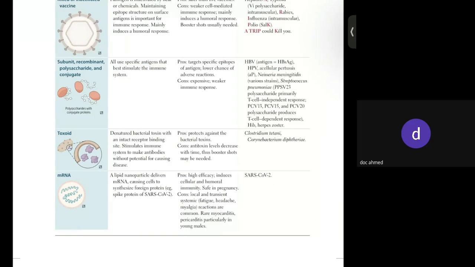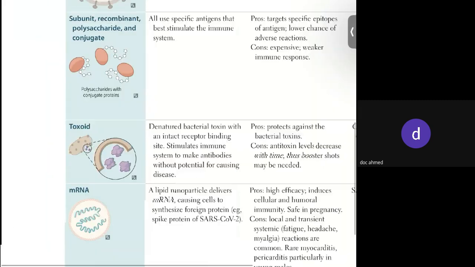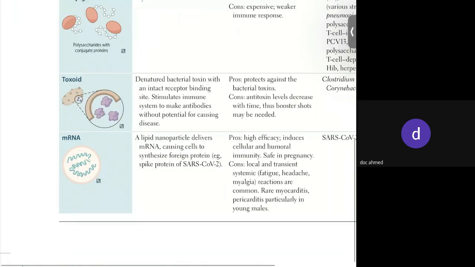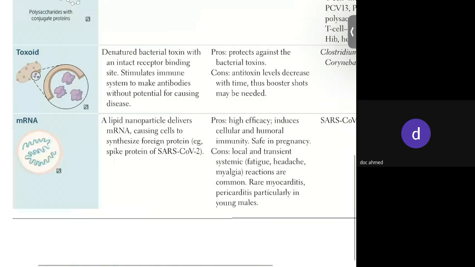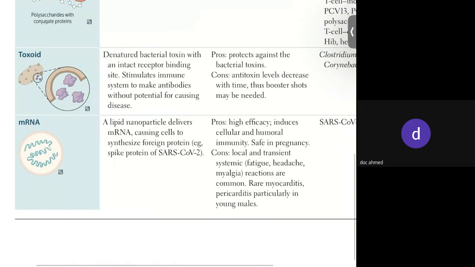Okay. So let's discuss the last one, mRNA, and then I'll be discussing the toxoid one, right? The mRNA is really simple. What we do is give messenger RNA. You know the function of messenger RNA? In the normal body, it goes into your ribosomes, gets translated, and gives you proteins, right?